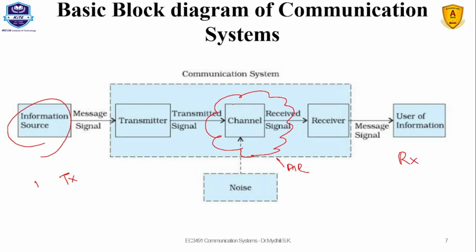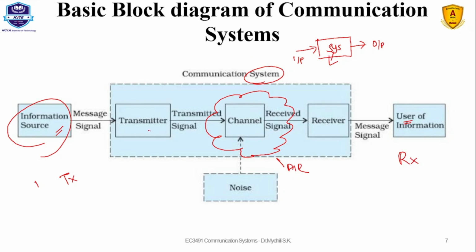You could see here the word system, how it is related. The system has an input in the format of an information source and an output in the format of the same information source, which is given to the user.